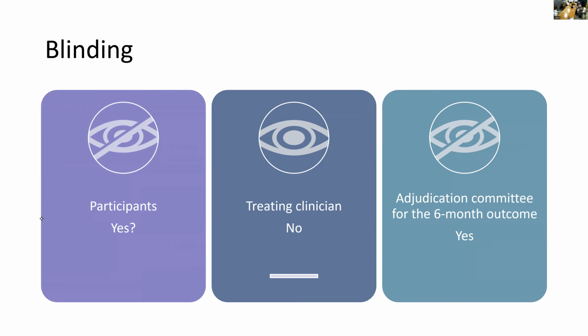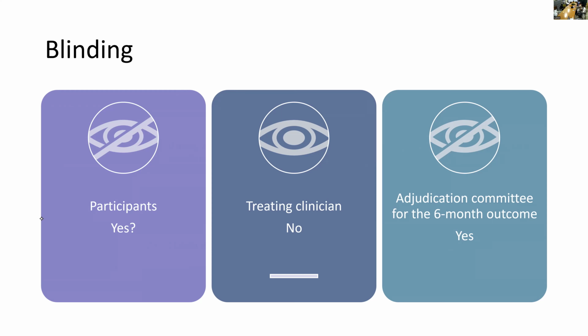The treating clinician was not blinded and was instructed not to reveal the allocation to anybody else in the pathway, whether referring to a cardiologist or telling the patient. But we don't know how much that blinding actually held. Whether they told the cardiologist, hey, this fellow's AI augmented stress echo was normal or not.